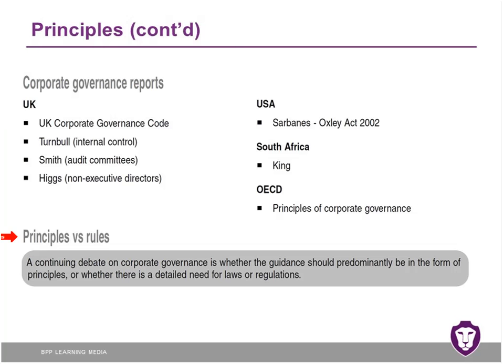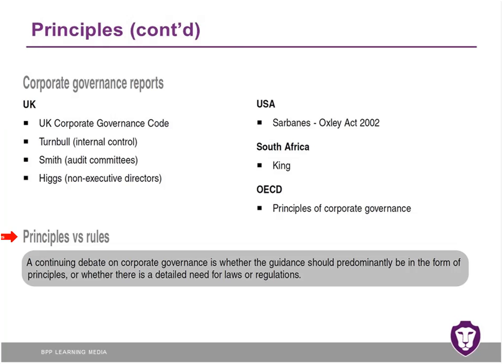One is called a principles-based system, and the other is called a rules-based system. Do you know the difference between them? The principle is a set of definitions which the management of that company needs to follow.